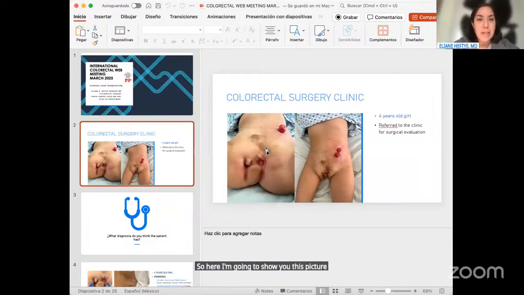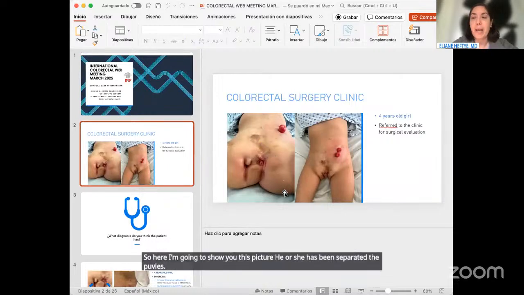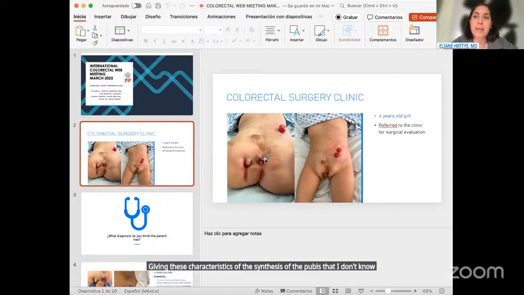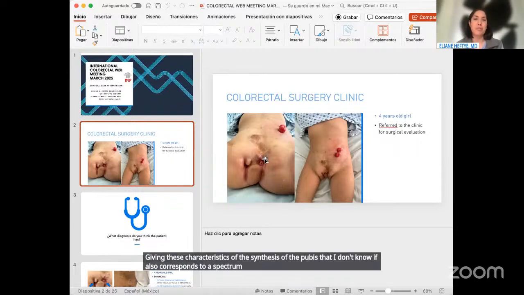Here she has a bit separated pubis. So I have a question for you and Dr. Peña. Given these characteristics of the symphysis of the pubis, that I don't know if also corresponds to a spectrum of covered cloacal exstrophy, what do you think about this?